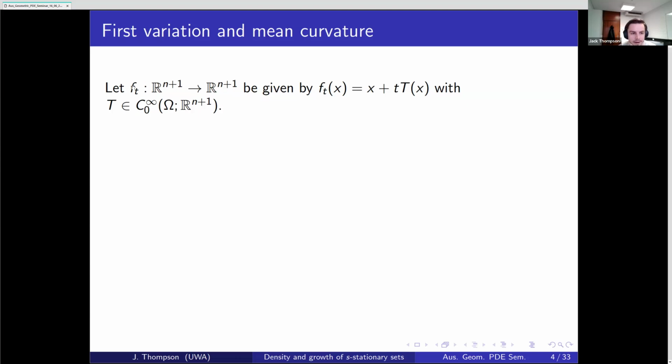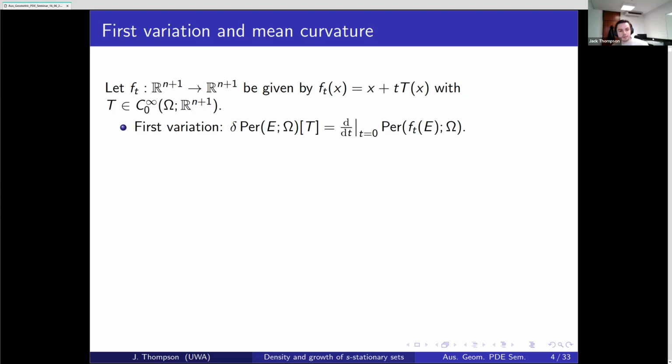So we take a function f_t from R^{n+1} to R^{n+1}, given by the identity plus t times T, where T is some given smooth vector field with compact support in Omega.